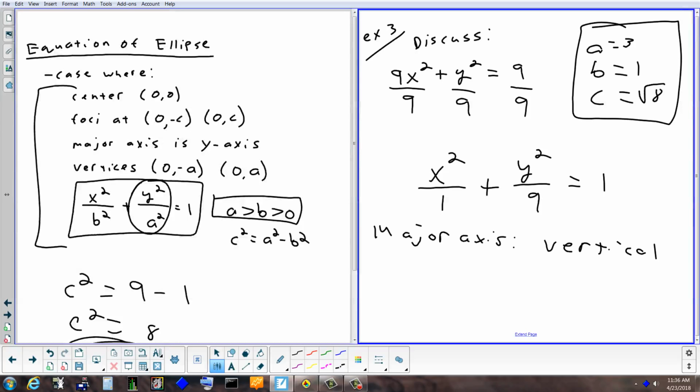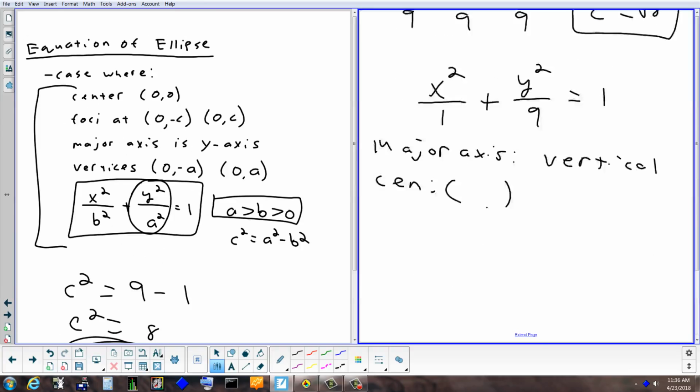Okay, so what is something else that's important that I need to describe here? I've got the major axis. I need to describe the center, foci, and vertices. Yep, that's all of them. Center. Where's my center for this one? 0, 0. Vertices.